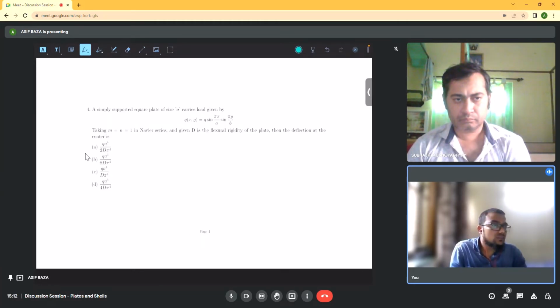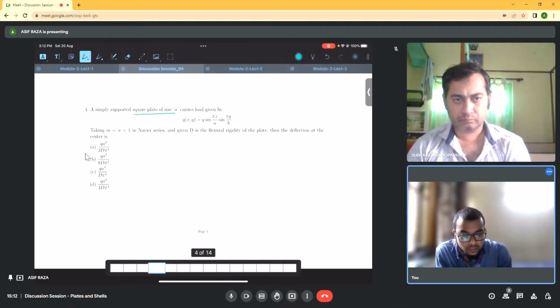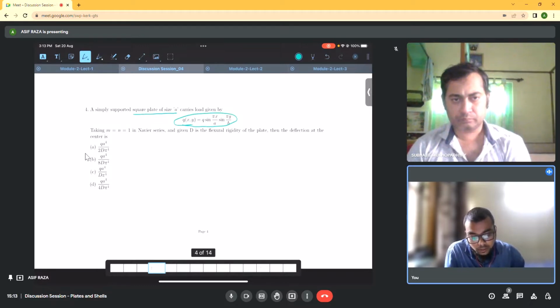Now, let's solve the fourth question. There is a simply supported square plate of size a, which carries a load given by q(x,y) equals q sin pi x by a sin pi y by b. Taking m equal to n equal to 1 in the Navier series, and given D is the flexural rigidity of the plate, the deflection at the center is.